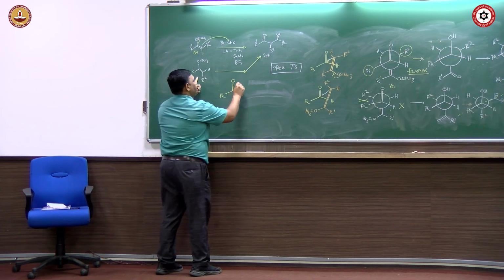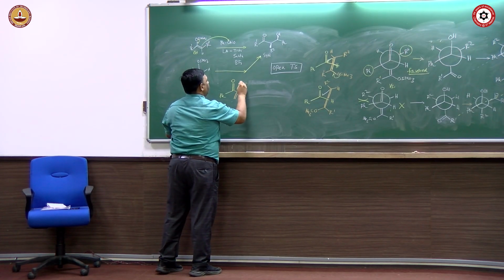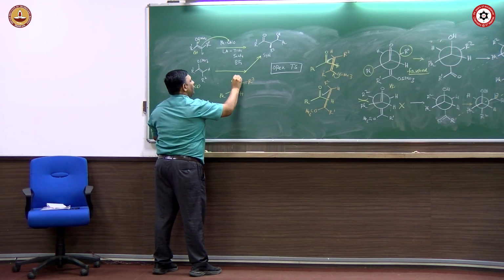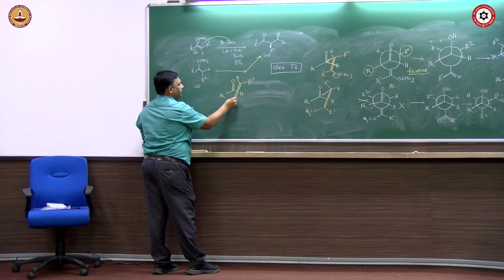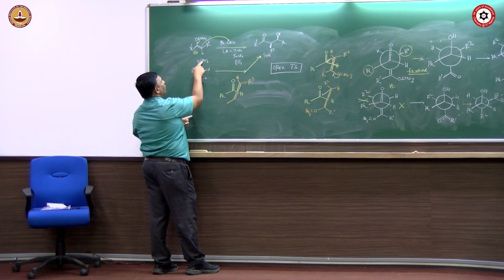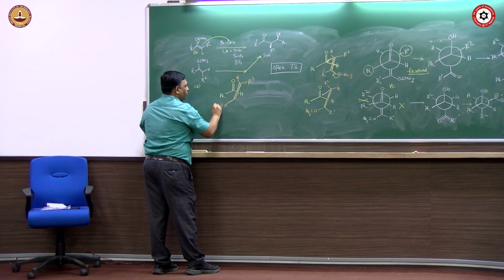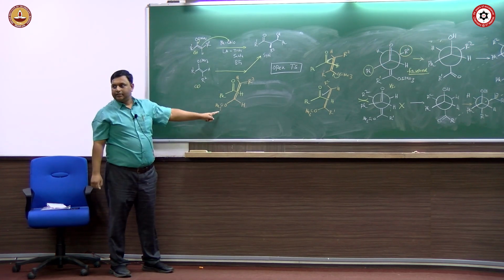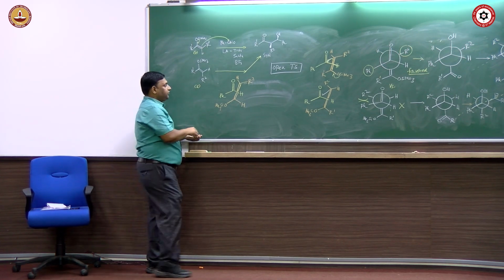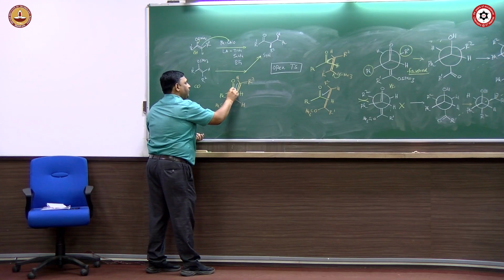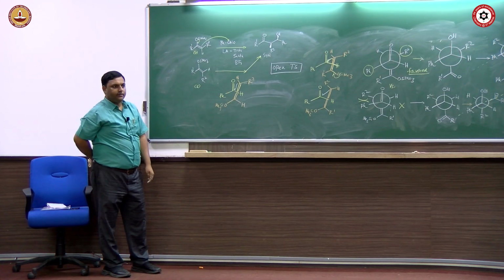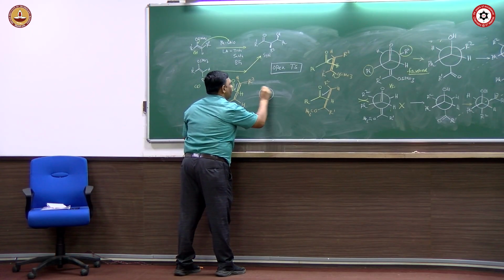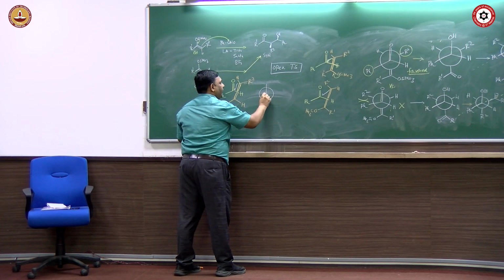So E enolate means I can have an R2 here and a hydrogen here, and E means I have to make R2 and O silyl ether opposite. Correct? This conformation is correct, or just position, and the reaction is going to happen between that center to this center. Let's draw again in the Newman projection formula.